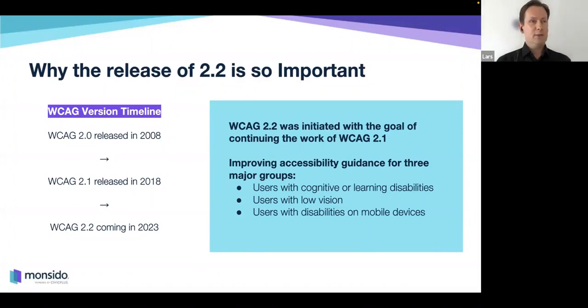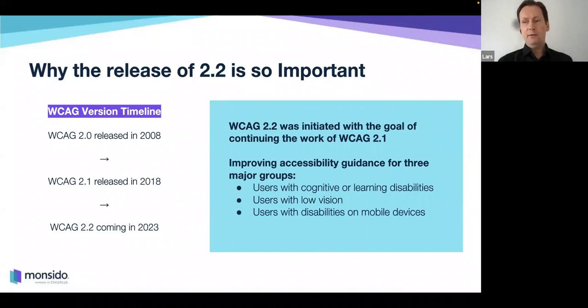Because they are so diverse, really. Some have problems with short-term memory, some have problems with reading, some have problems focusing over a longer period of time, and they're really, really diverse. So it was difficult to make meaningful criteria that would cover these users.